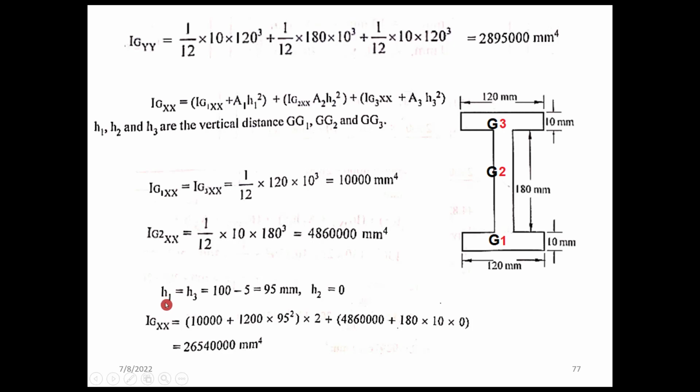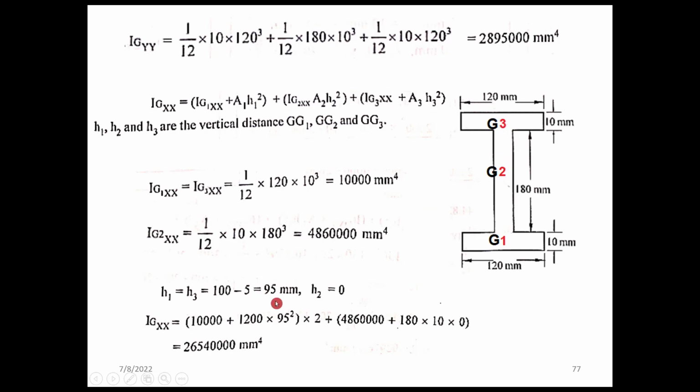Then we have H1 equal to H3, because taking with respect to the centroid axis we considered H1 and H3 both as 100 minus 5, as the total height is 200. Let's suppose this is actually 100. So we have the centroid at a distance of 5 from this point.